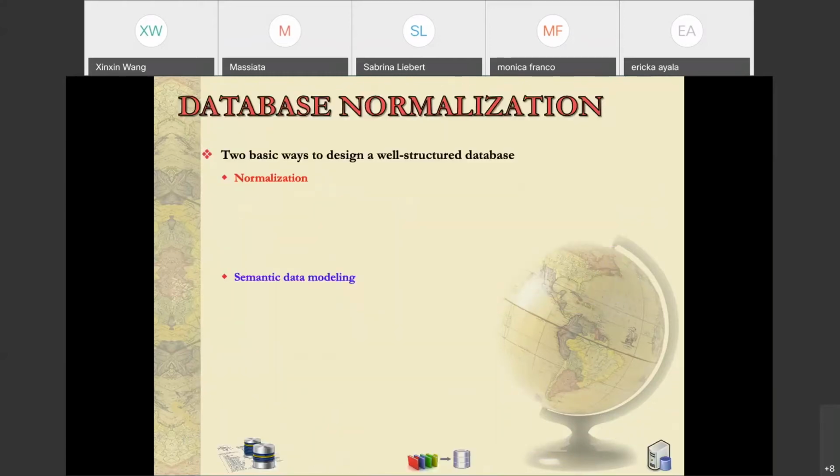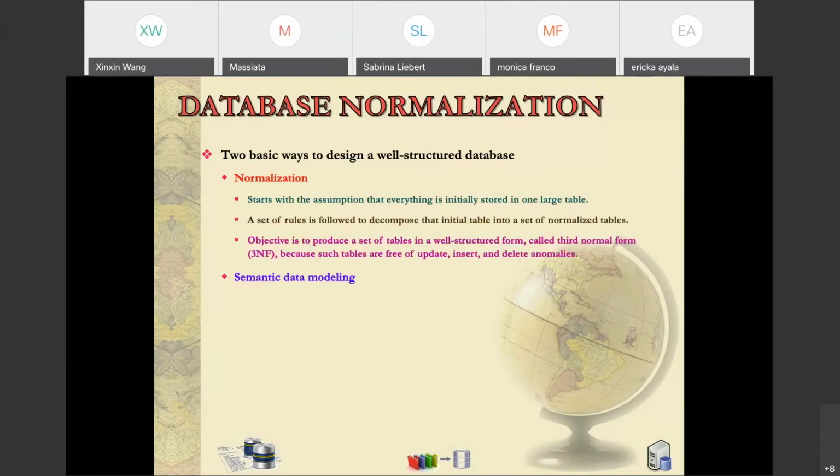So database normalization is one of the two basic ways to design a well-structured database, right? Normalization starts with the assumption that everything is initially stored in one large table.